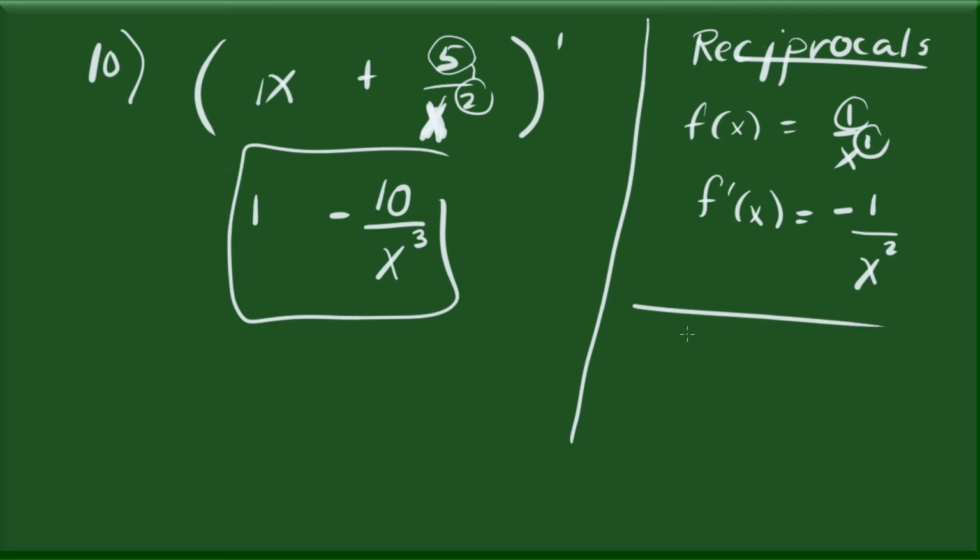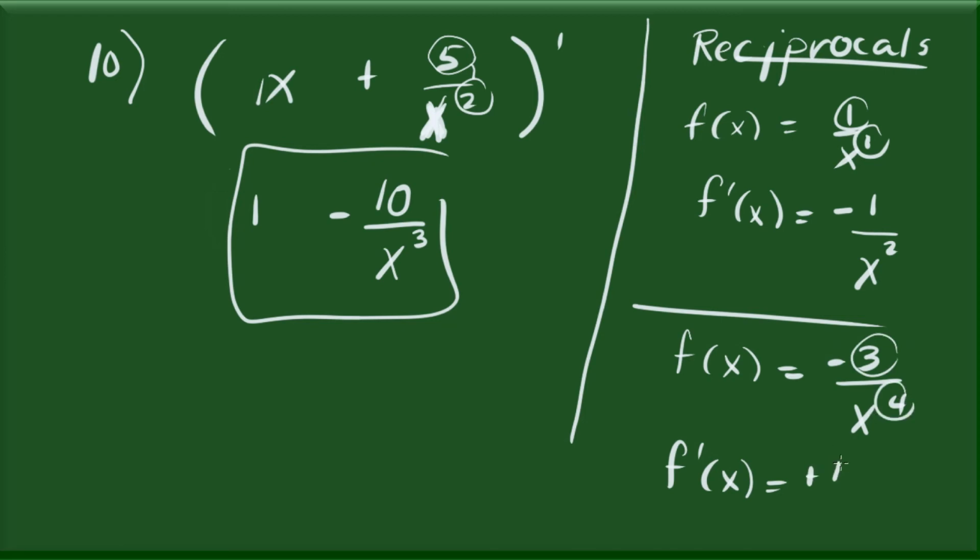So if you have, let's say, negative 3 over x to the 4th, the shortcut says go ahead and switch the sign to positive, and then multiply this 3 and 4, now 12 over x raised to what? 4 plus 1 is 5. Very easy.